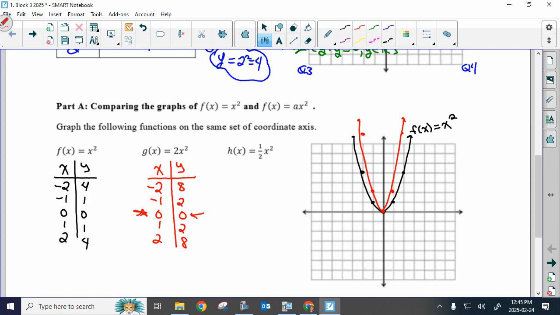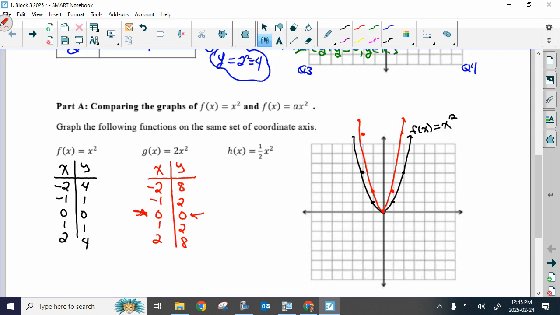Does the red function look skinnier? Okay, it does, so it appears thinner. And this is the language you're going to have to use from the description. So if I have this graph, and we put a 2 in front of it, we describe it as a vertical stretch by a factor of 2.